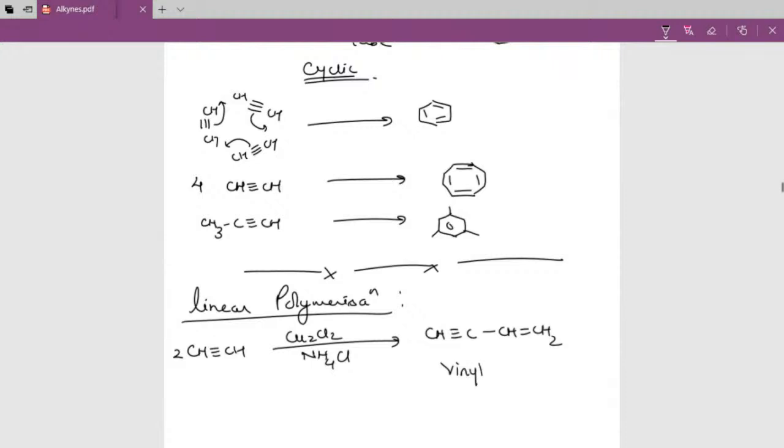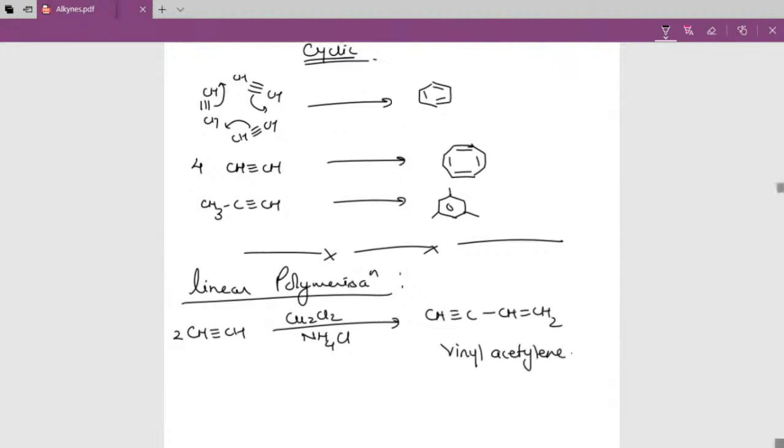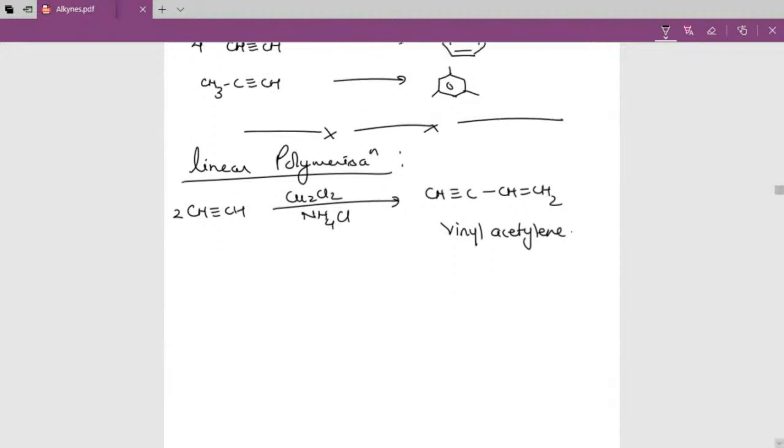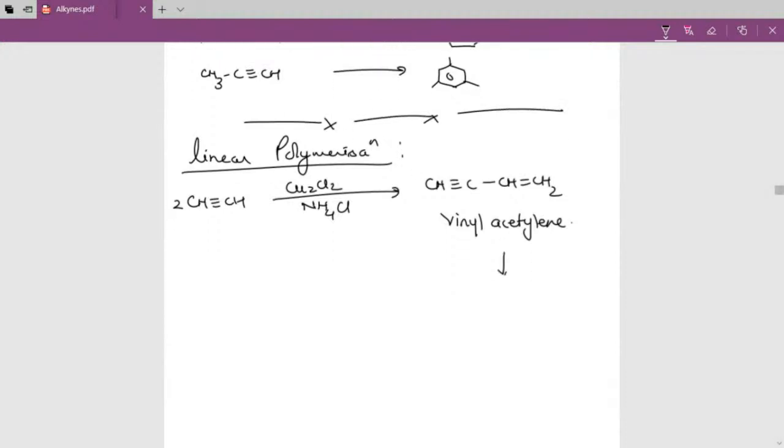Now, the reaction of vinyl acetylene I'll take in conjugated diene, which I'll take after some time. So vinyl acetylene is formed. Please have this as a very important point.